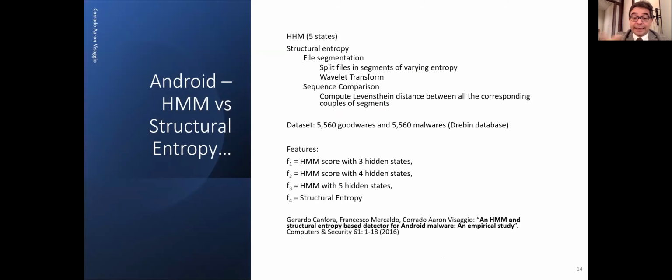And here we have a confirmation of this. Here we study Android malware with the 2 machine learning techniques. The first one uses as features the hidden Markov models, and the second one uses as features the structural entropy of software.